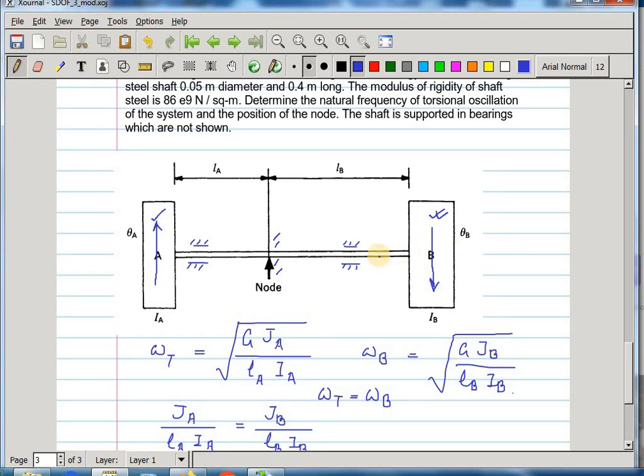And for this armature you can consider it fixed here and consider this as the length. So omega b is root of G Jb by Lb Ib. G is the modulus of rigidity, Jb is the polar moment of area for this shaft, and Lb is this length, and Ib is the mass moment of inertia of the armature.